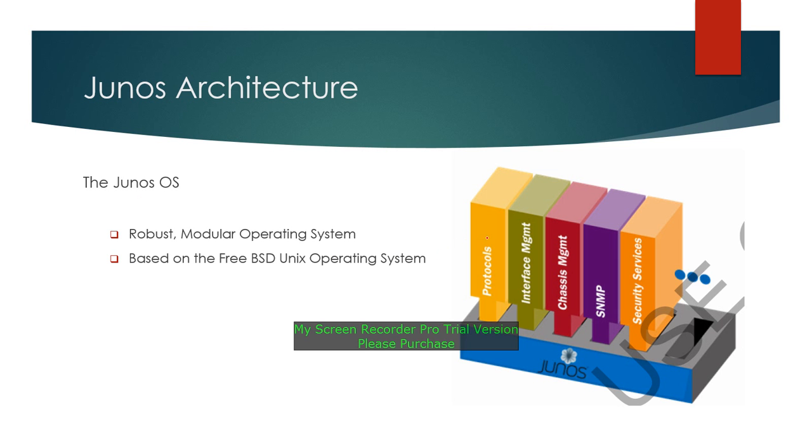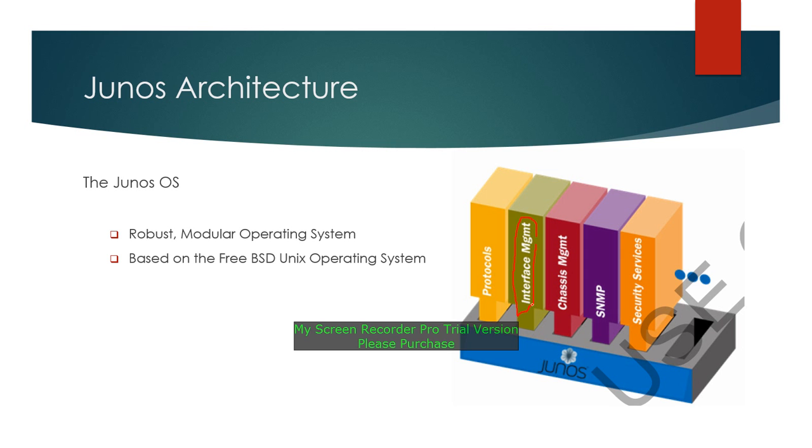What do we mean by modular? Suppose we talk about interface management. If anything has happened to the management interface, then we can restart that specific service through a command. Other traffic, protocols and services will not be impacted, so we can restart this daemon only.